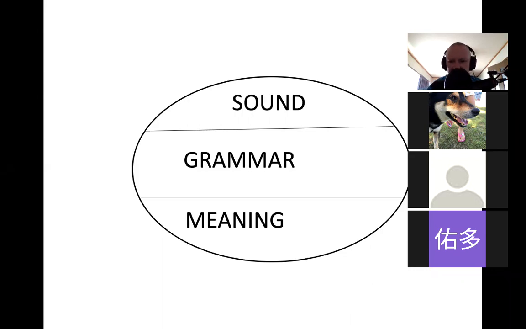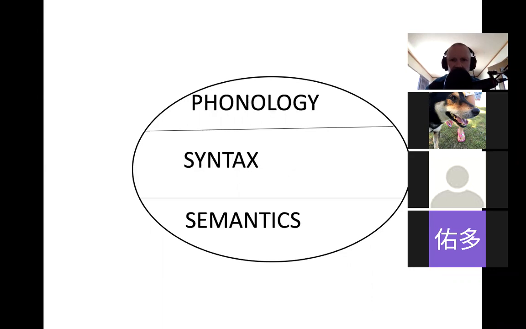But anyway, threes. Remember threes. It's in threes, and we think of words as having three parts: sound, grammar, and meaning. We can also call it phonology, syntax, and semantics. As we said last week, phonetics is kind of practical. It's about writing down the sounds and describing the position of the lips, mouth, tongue, teeth, and so on in your mouth when you make words.